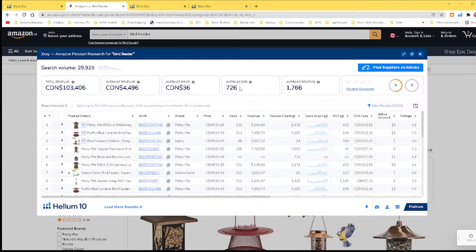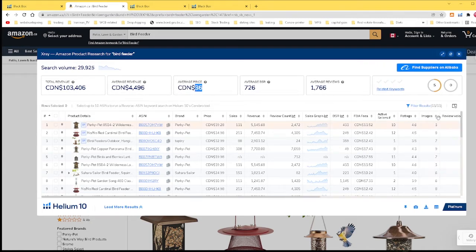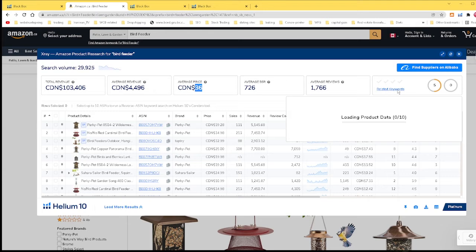So this product has an average BSR which is really good; the lower the BSR, the better. $36 on average. The total revenue is 100,000. And unfortunately, the score is not as good because most likely the reviews are really high. The product keywords research shows more than what we searched for.